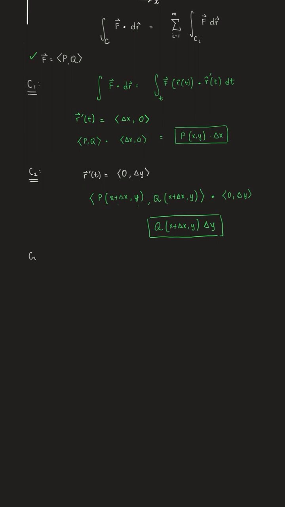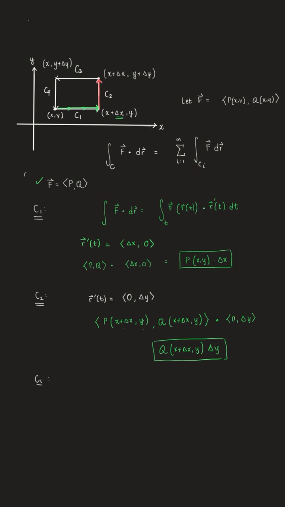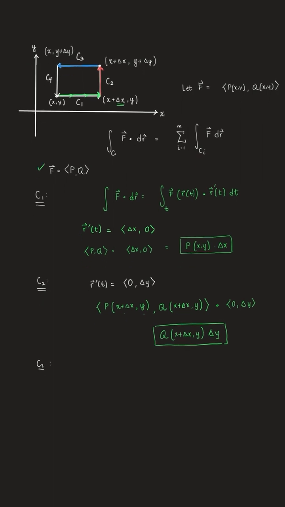If we take a look at line segment C3, and we go back, let's think about this one in blue. x is changing by a negative delta x, but y is not changing.